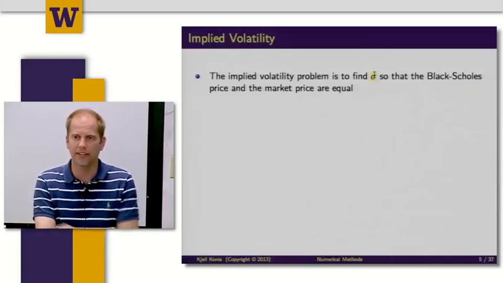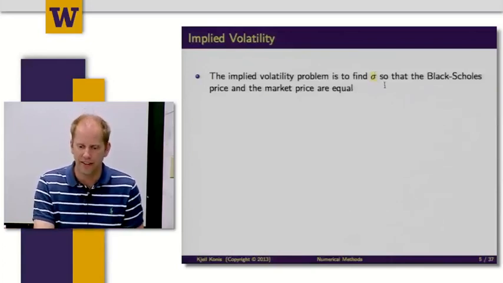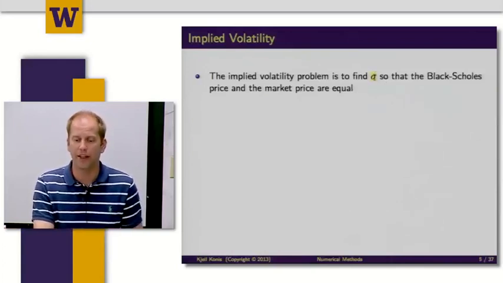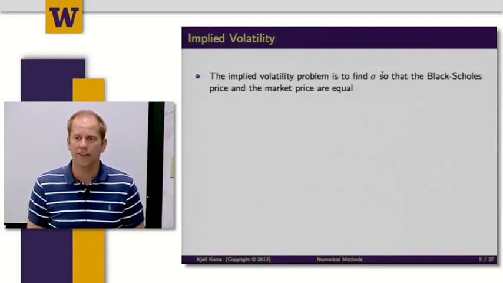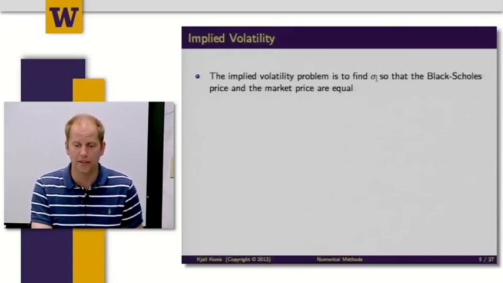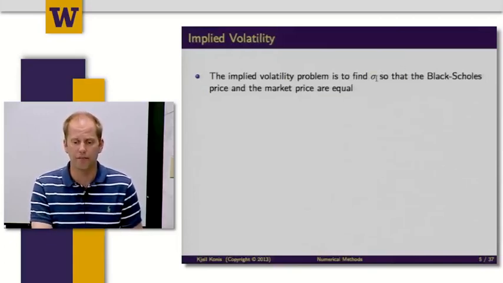So if I can get close to that market price C, then that's the value of sigma that would have been in the market. And so even though I can't observe sigma, all the other things that I can observe imply a certain level for sigma. And so that's going to be called the implied volatility.